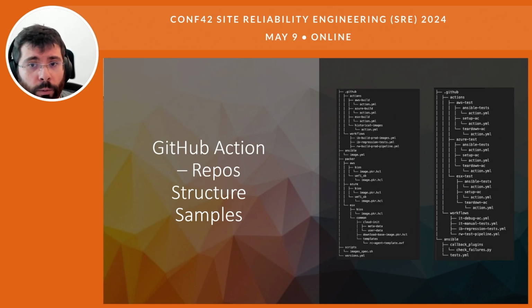The repo structure has the GitHub folder with the actions and the workflows, the Ansible, the Packer, where we have a Packer script per boot mode. So that's how we can know, okay, for secure boot, we need an inference code in one way. For BIOS, we need another way.